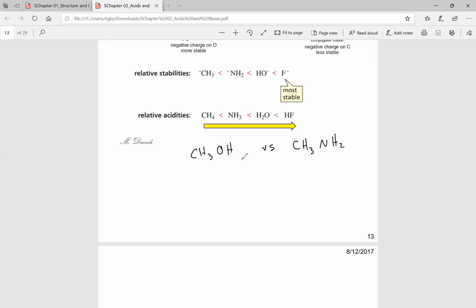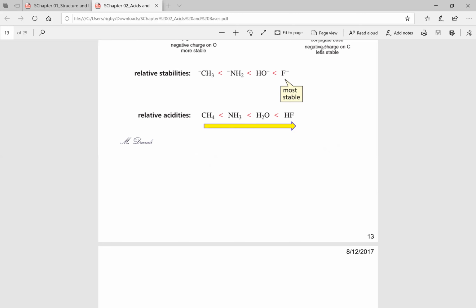So we can see here that our more acidic hydrogens are going to be attached to N and O. And you may be asking why I didn't talk about the carbon-hydrogen bonds. That's because they're much less acidic than the OH bond and the NH bond, and that's because of the electronegativity that we just talked about. And so we can see here that the OH is more electronegative than the N, so this is going to be our stronger acid.